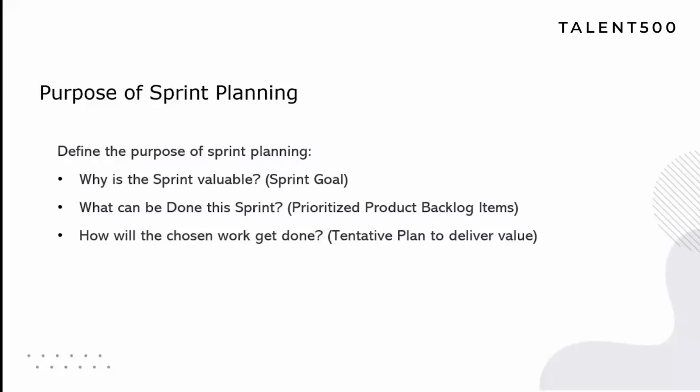Now, let's talk about what can be done in this sprint. Through discussion with the product owner, the developers select items from the product backlog to include in the current sprint. The Scrum team may refine these items during this process, which increases understanding and confidence. Now, what do I mean by refining?